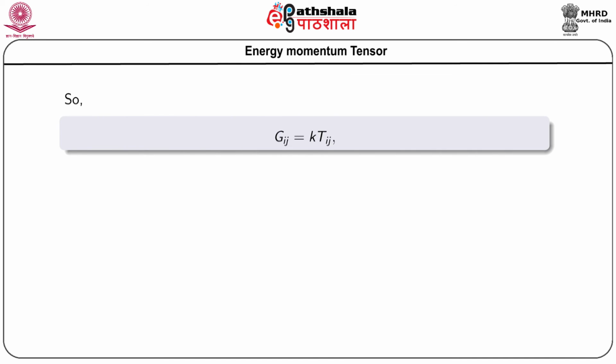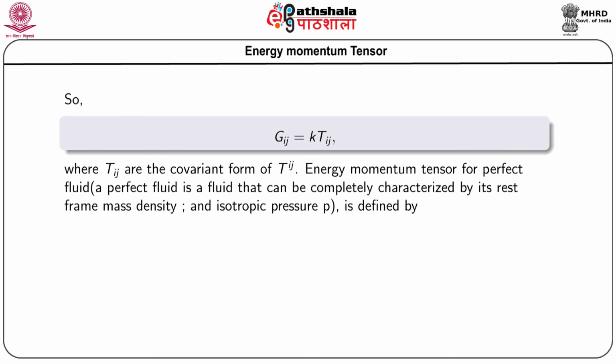Here Tij is the covariant form of T upper ij, the contravariant part, so this is the covariant part of the energy momentum tensor Tij.